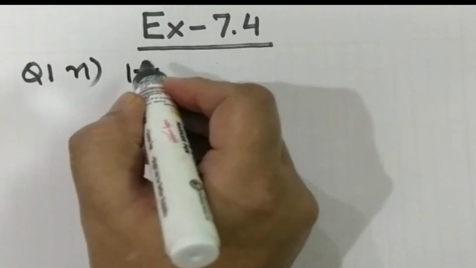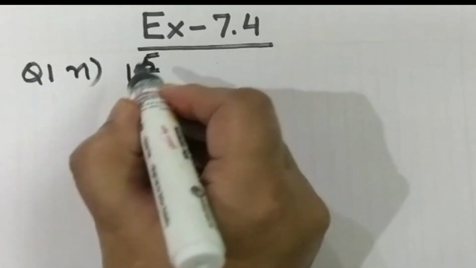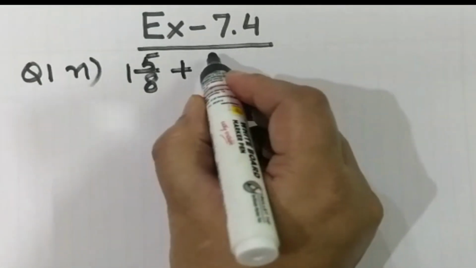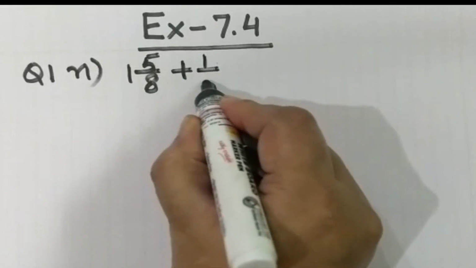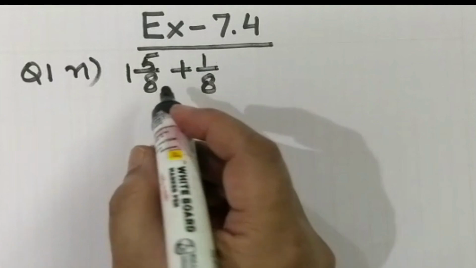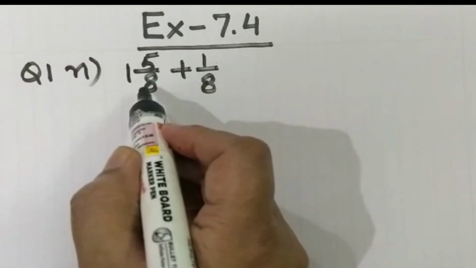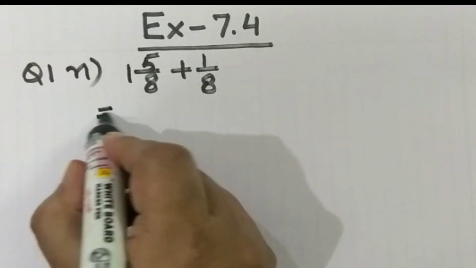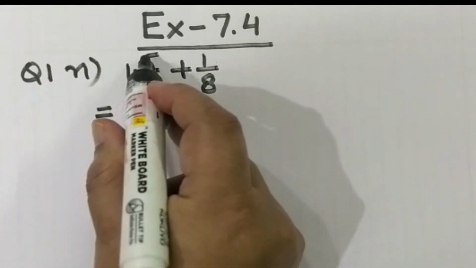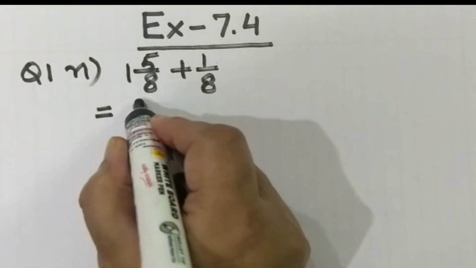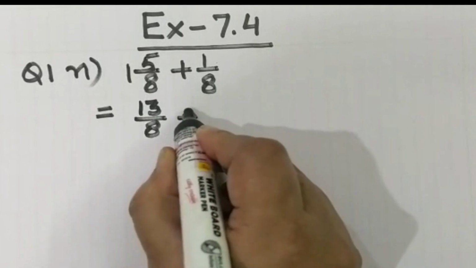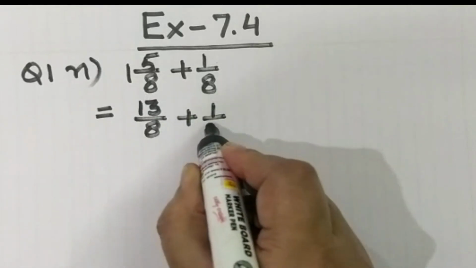I am taking part n because both fractions have the same denominator, so it means it is a like fraction. See this fraction, it is a mixed fraction, so we convert it into an improper fraction. 8 times 1 is 8, and 5, it is 13 upon 8 plus 1 upon 8.